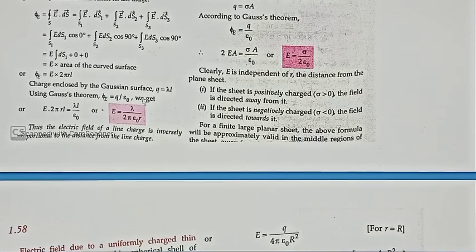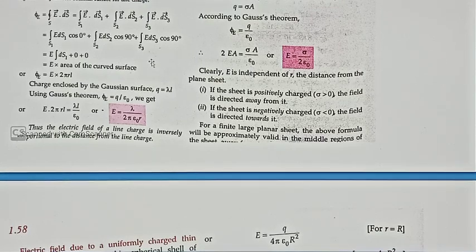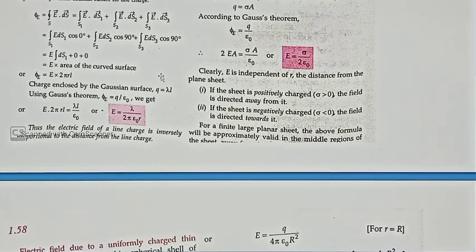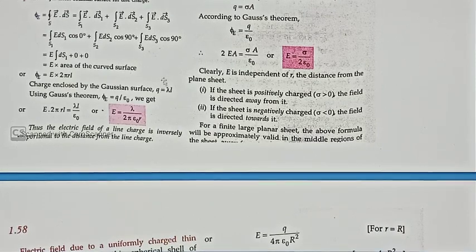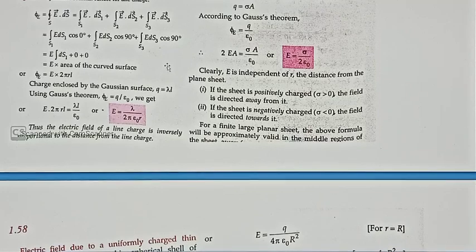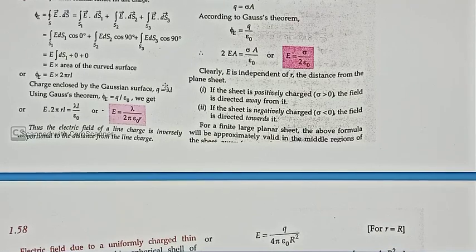So if you consider a wire which is uniformly charged, or any line symmetry which is uniformly charged, the charge per unit length is called linear charge density. Lambda is equal to Q by L. So SI unit is coulomb per meter.